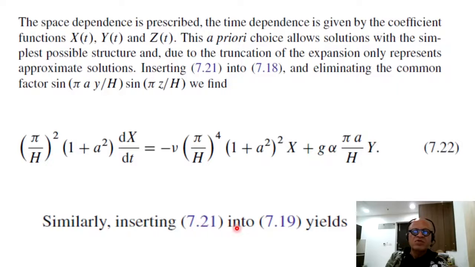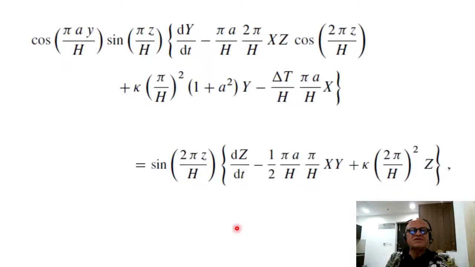Similarly, inserting 7.21 into 7.19 gives us this expression, which looks quite complicated on the left and the right. I won't read it, you can just go through it in the book, because we might as well just move forward to the solution.